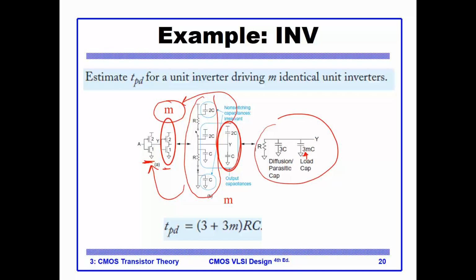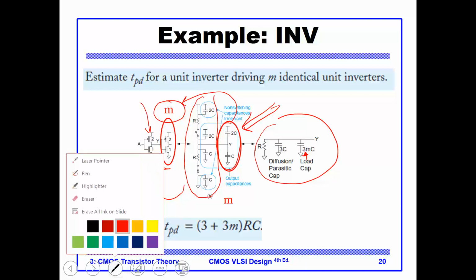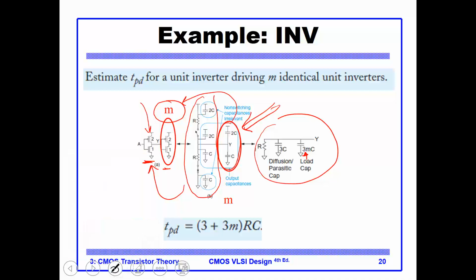Why? Because this M represents the M gates which load this transistor. After all, we are measuring the delay of changing the input and changing the output, but the output, unfortunately, has M of those. So we write the equation: the delay is 3 plus 3M times RC.